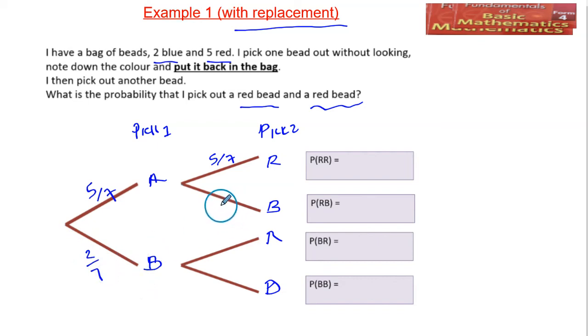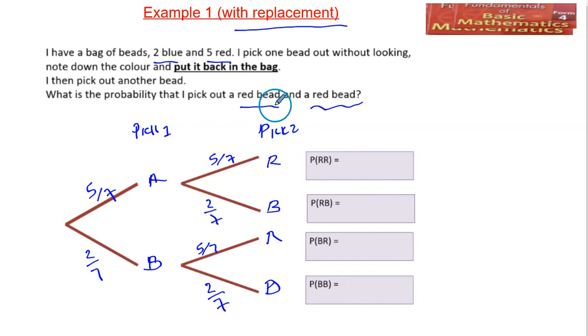And again, if I got the red the first time, the probability of getting blue is 2 out of 7. And my chance for red again is still the same, so I write them on the branches, 5 out of 7. And same thing for blue, it hasn't changed, so it's 2 out of 7.